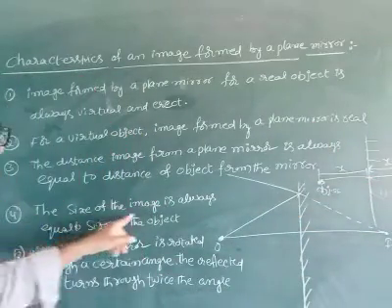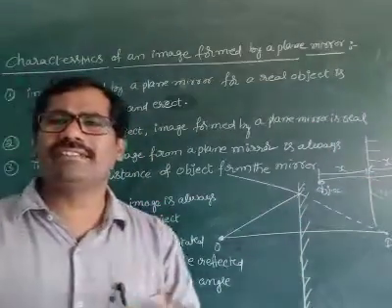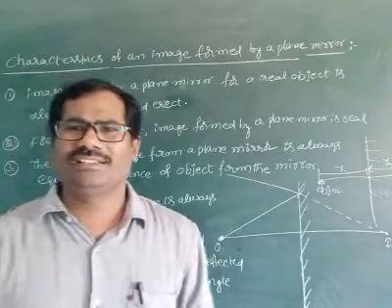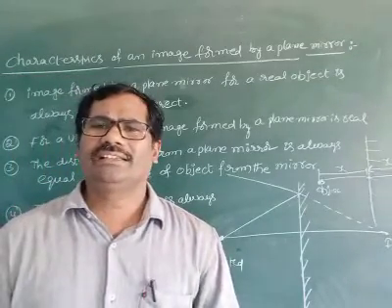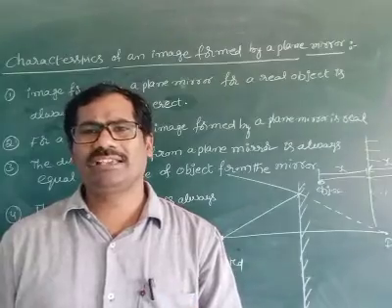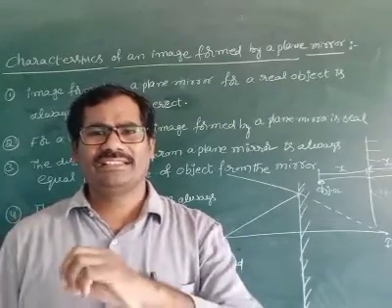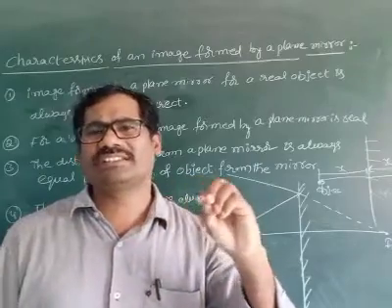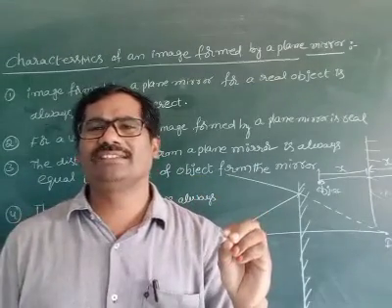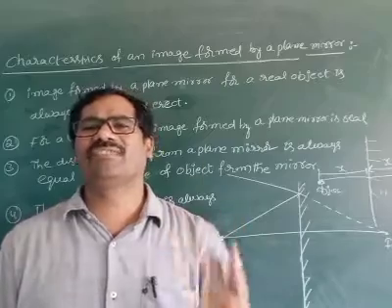Next one, the size of the image is always equal to the size of the object. You can see any type of object before the mirror, and it forms an image of the same size as the object. That means it is equivalent to the size of the object.